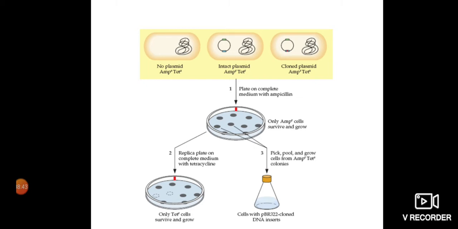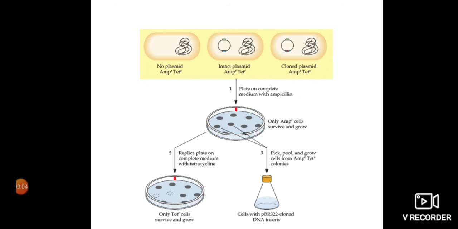So when we come out after the transformation, it is plated onto a medium having ampicillin within it. What will happen is all those cells which are resistant to ampicillin will grow.